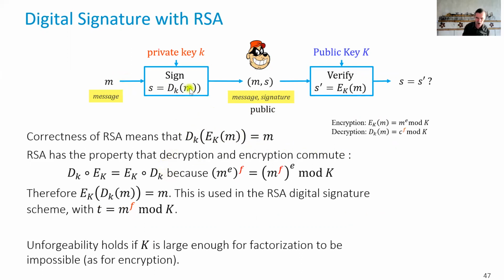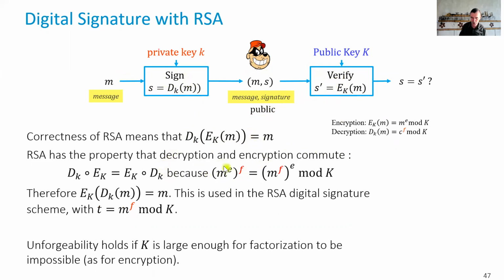Here, for example, if I put a signature, the same computation I would do to decrypt, if I consider M as a ciphertext, which of course M is not a ciphertext, it is a plaintext, but I apply the decryption mechanism here, D_K of M, then at the other end, I will use the same algorithm that was used for encryption. And this is because RSA is using exponentiation.